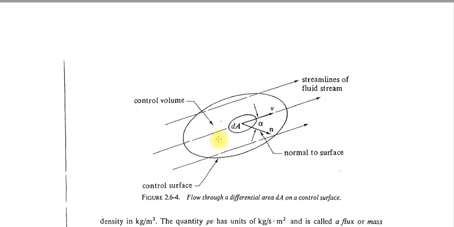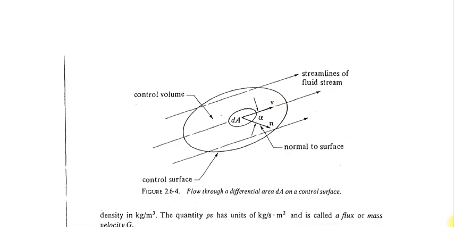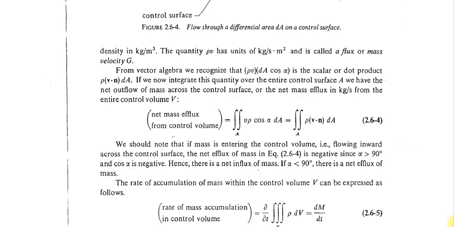Then they assume that the control volume is moving with the fluid. So here the control volume is not constant, it is moving with velocity v. This is another approach. When you use this approach, you will end up with surface integration and volume integration.